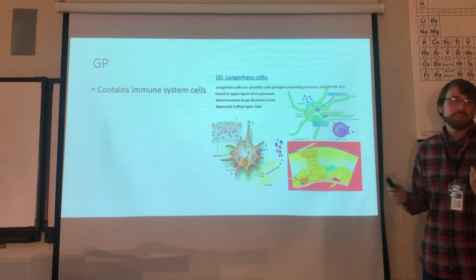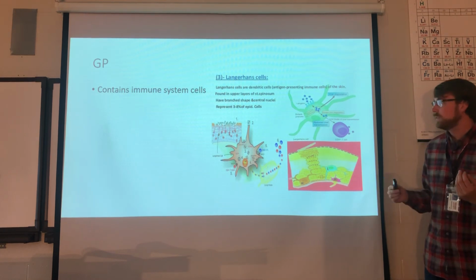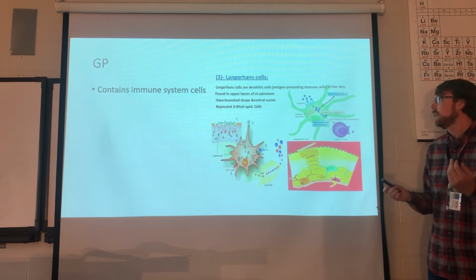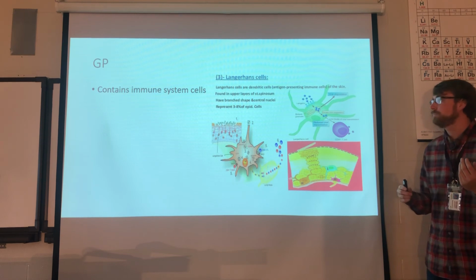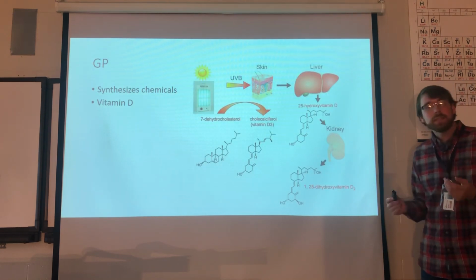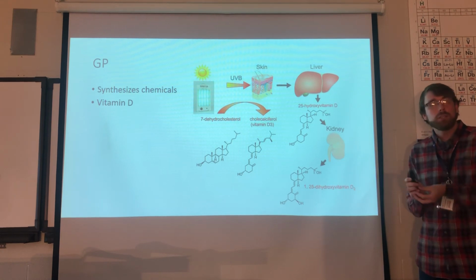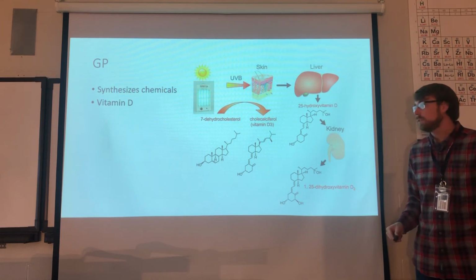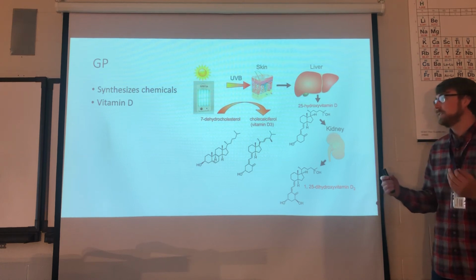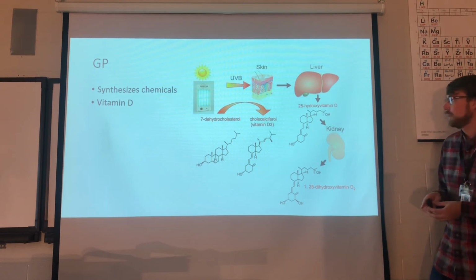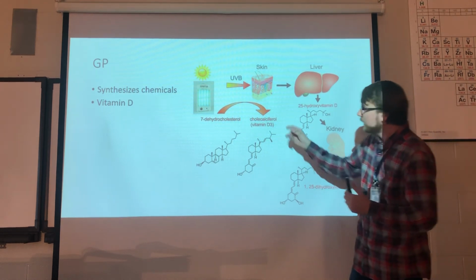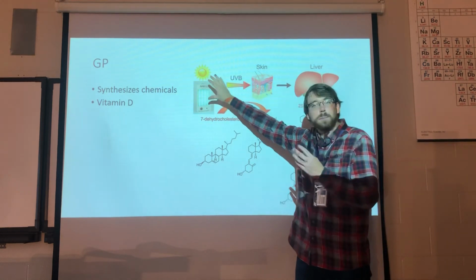So your skin contains a few immune cells. It contains Langerhans cells. Your skin, as I said when we were looking back at the skin color map, does synthesize some chemicals. The main thing it synthesizes is vitamin D. To make vitamin D, your skin needs UVB.